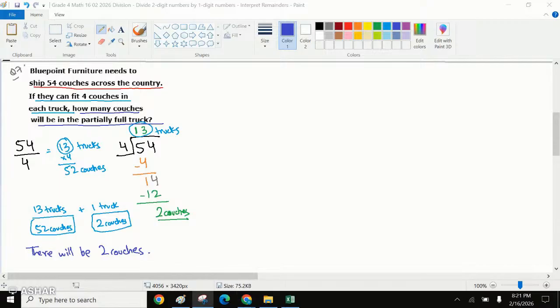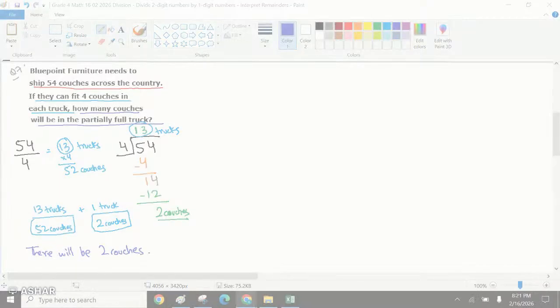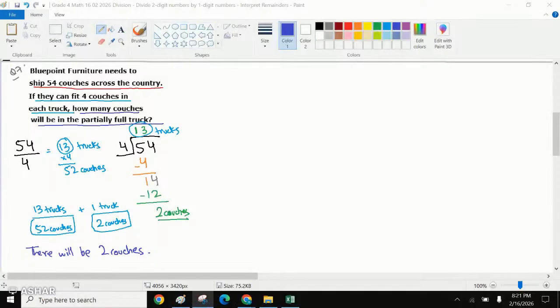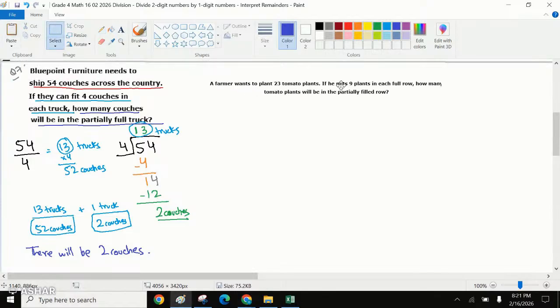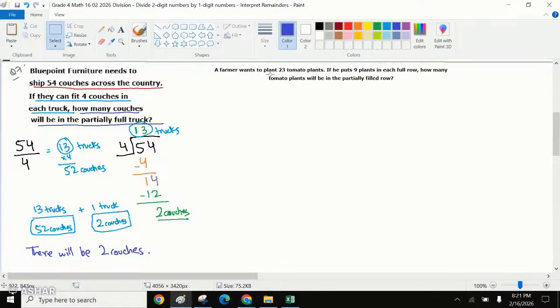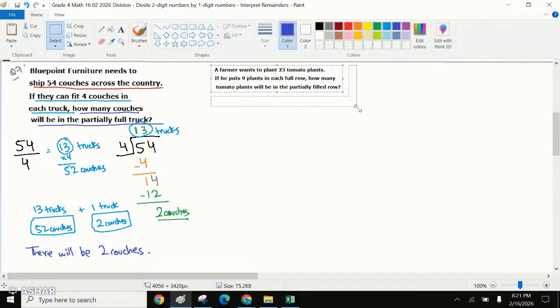Okay, for the next question, it says a farmer wants to plant 23 tomato plants. If he puts 9 plants in each row, how many tomato plants will be in the partial row? Okay, let's look at this.